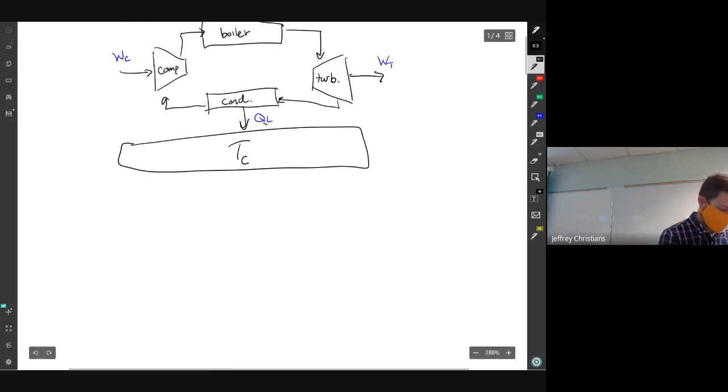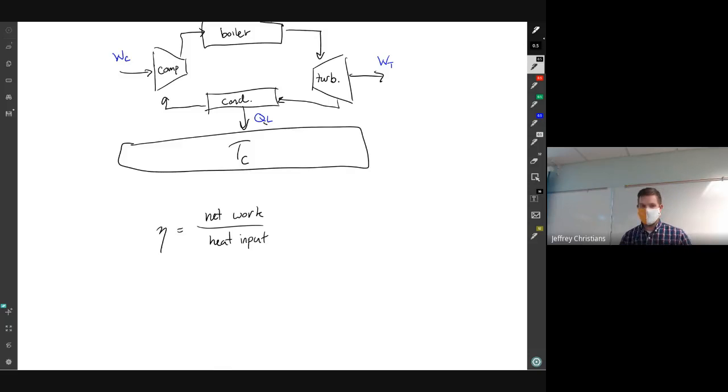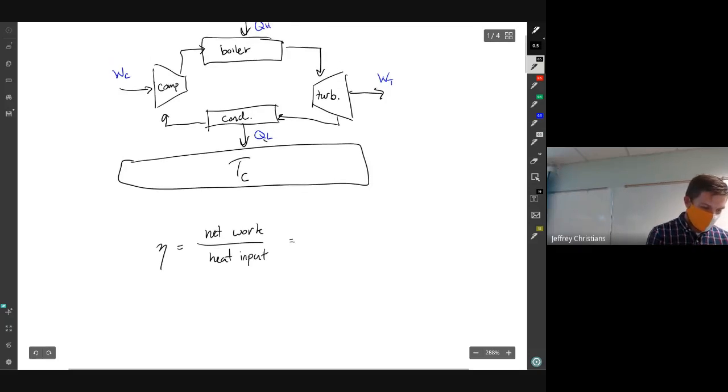Our thermal efficiency is net work over the heat input, the heat we had to put into the system, which is equal to WT plus WC over QH.